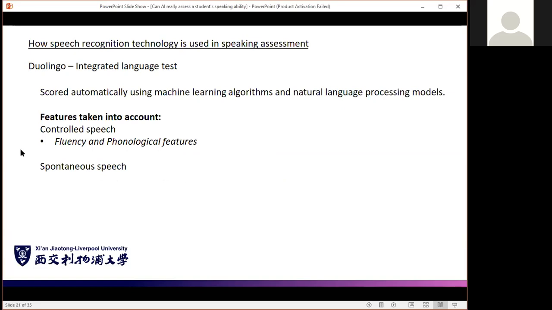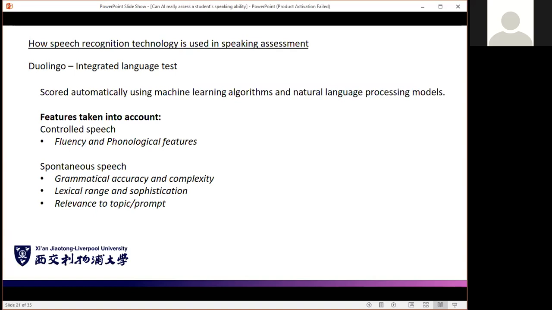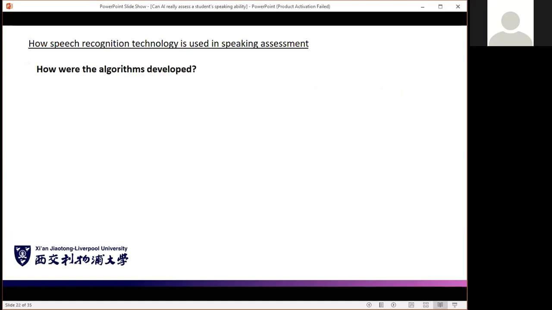For the spontaneous speech and writing, actually, it's grammatical accuracy and complexity, it's lexical range and sophistication, it's relevance to topic or prompt, and it's the length of your turn. How were the algorithms developed?